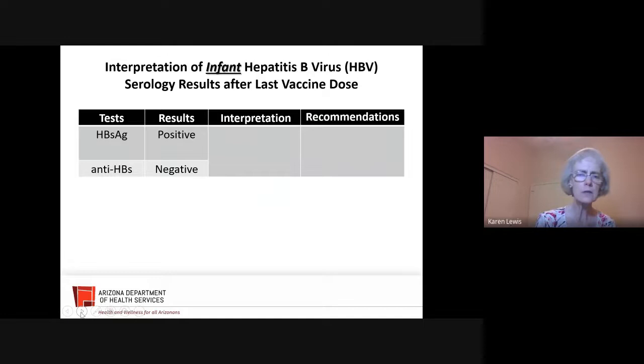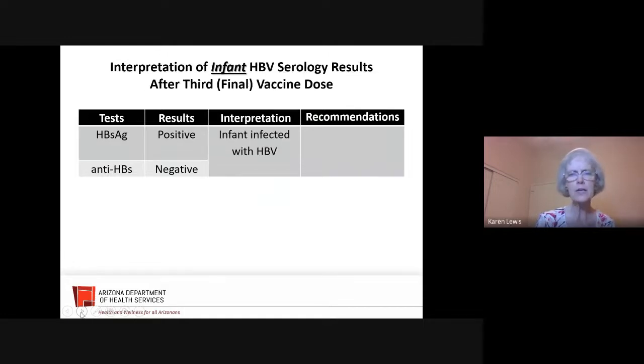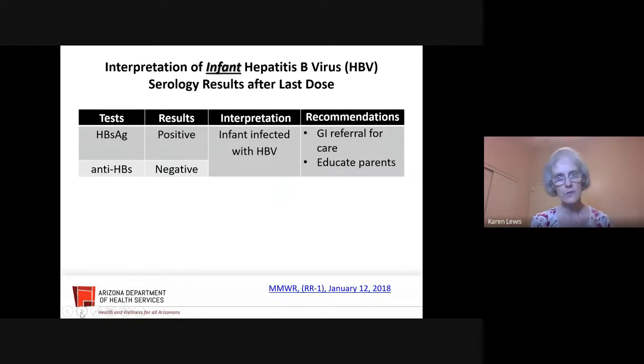So what does this mean? What's the interpretation? The infant is infected with hepatitis B because it's surface antigen positive. And when you get infected with hepatitis B and you're surface antigen positive, you never develop antibodies. So the recommendation is GI referral for the infant and for the parents.